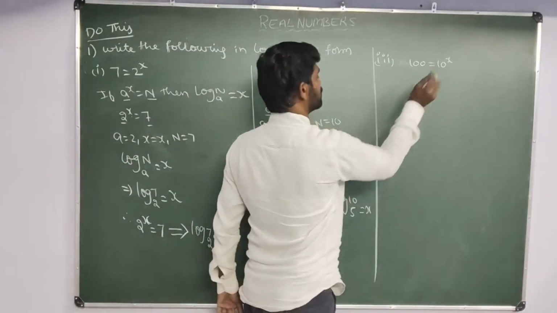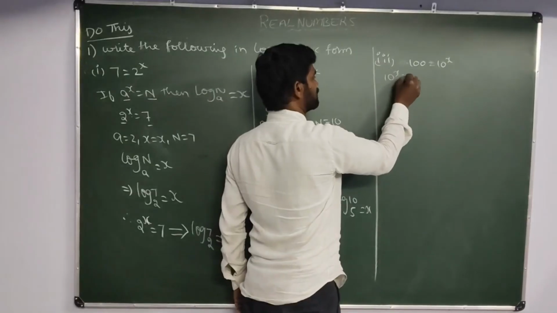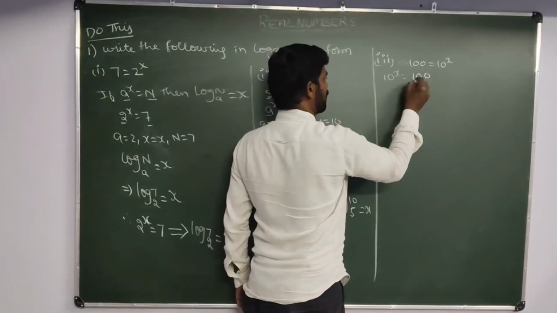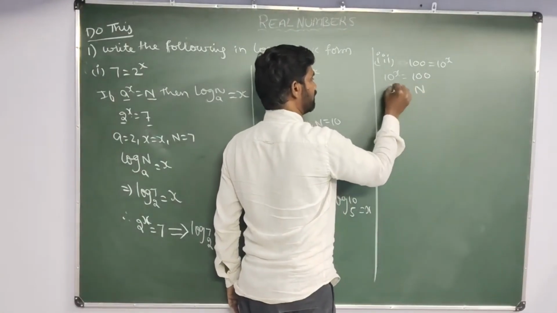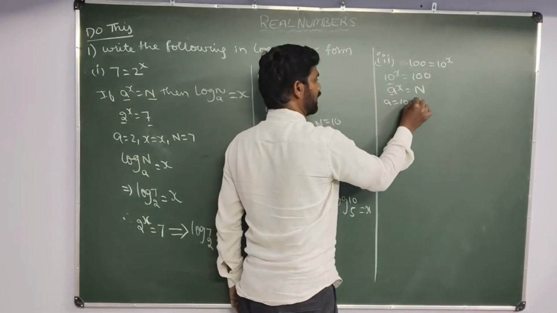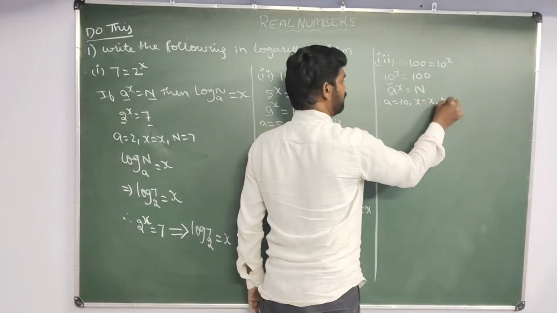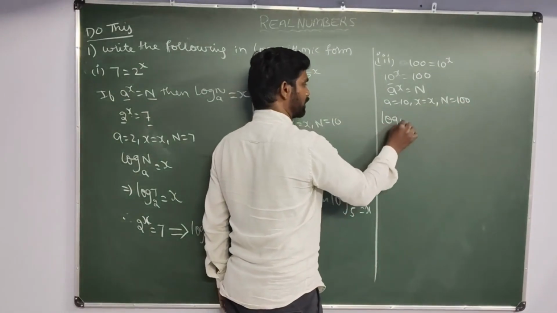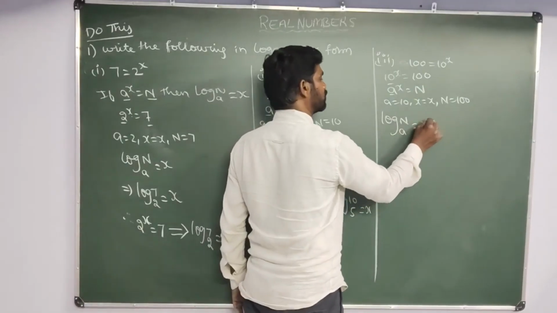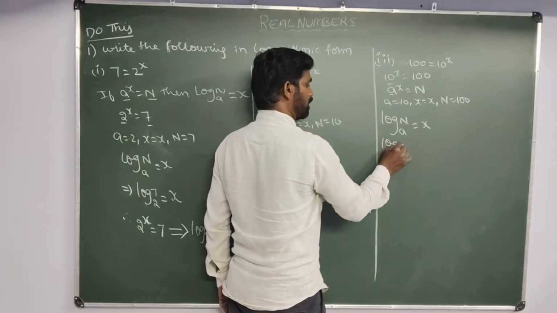Next question, 100 is equal to 10 power x. Right, 10 power x is equal to 100. Now compare with the exponential form. A power x is equal to n. What is the a value? a is equal to 10. The x value, x is equal to x, and the n value is 100. Then what is the logarithmic form? Log n base a is equal to x. So now write log n.